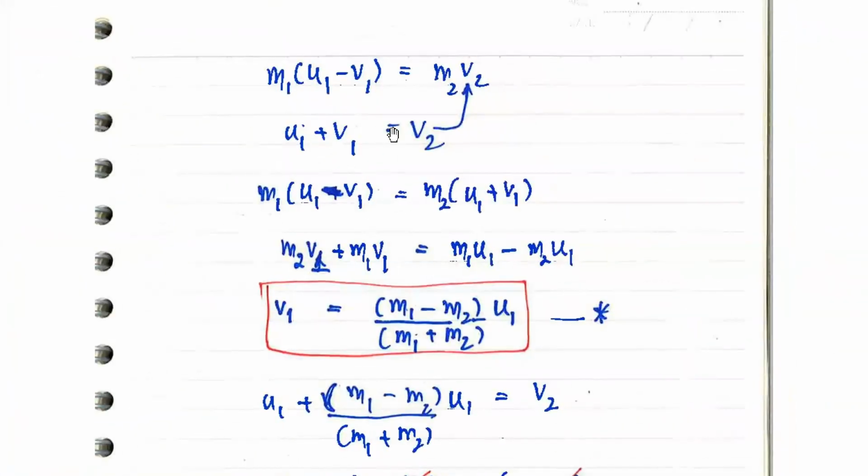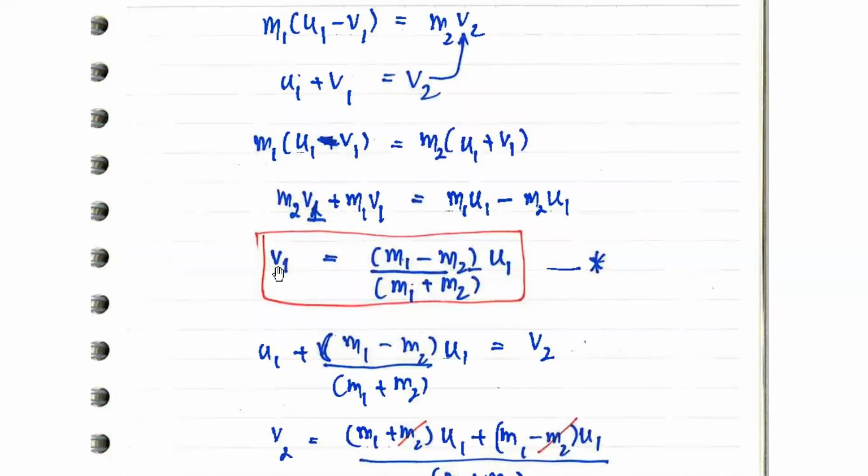So you get m1 (u1 minus v1) equal to m2 (u1 plus v1). Finding the final velocity v1, you get m2 v1 plus m1 v1 equal to m1 u1 minus m2 u1. The final velocity v1 is (m1 minus m2) over (m1 plus m2) times u1. And this is an elastic collision.